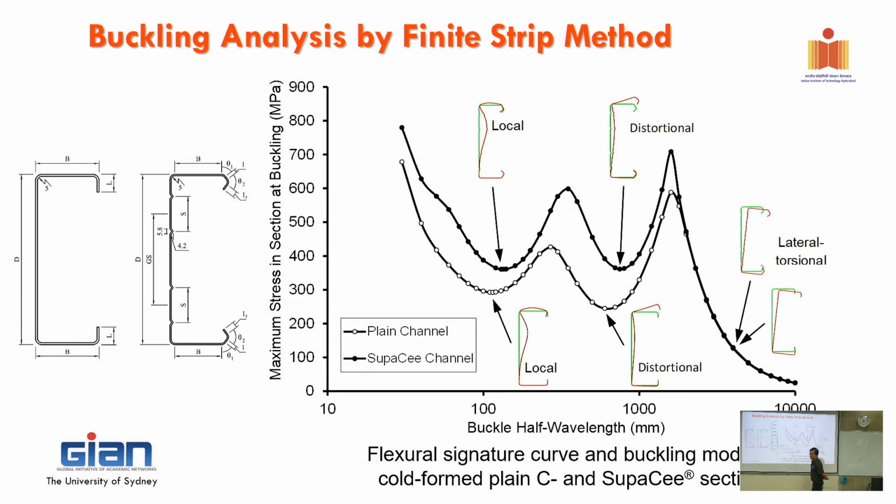So in order to help you understand a little more clearly, I just plotted two of them on top of each other to see what happened. You can see here, this is the plain section, this is the super section. So what happened? The local buckling goes up.